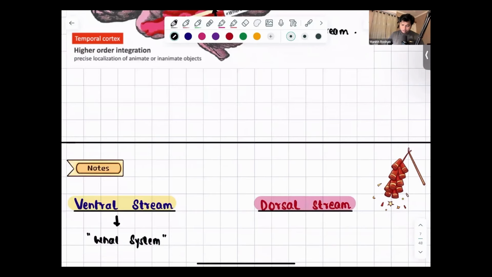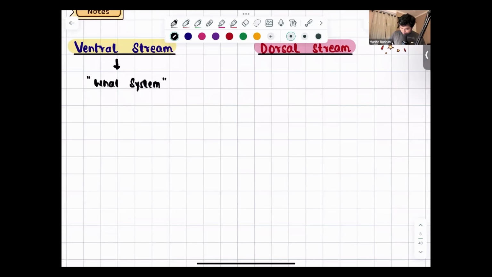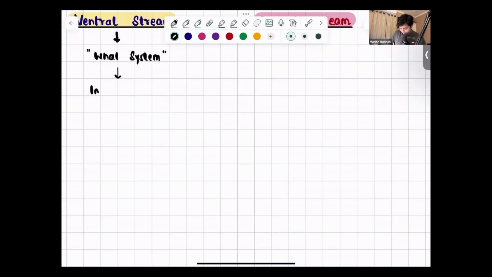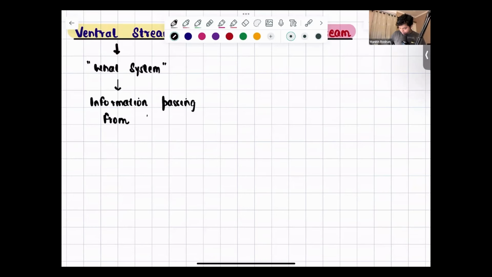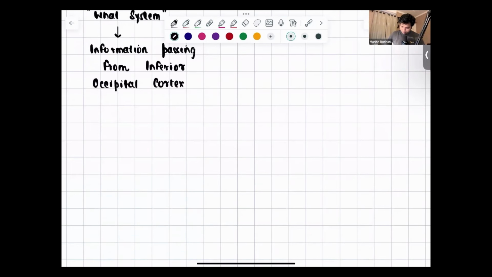So let's start with the pathway of the ventral stream. It consists of information passing from the inferior occipital cortex to the inferior temporal cortex.